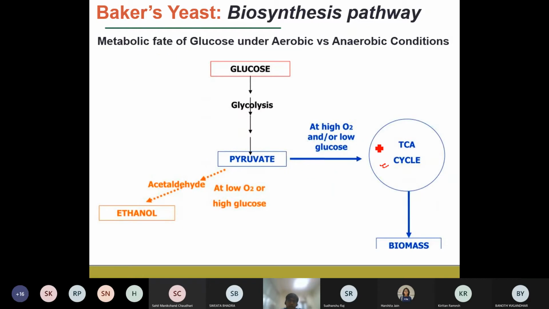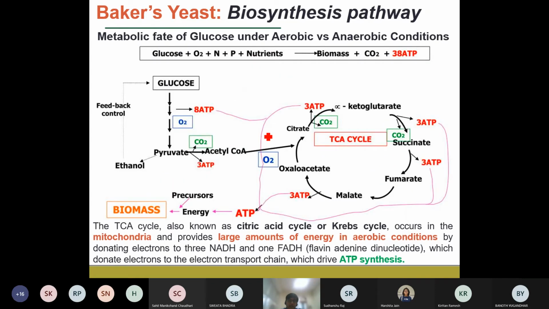So if we look into the TCA cycle, what is happening? This particular reaction tells you the overall chemical reaction for the production of Saccharomyces cerevisiae, or the biomass, which is the main product, the baker's yeast.